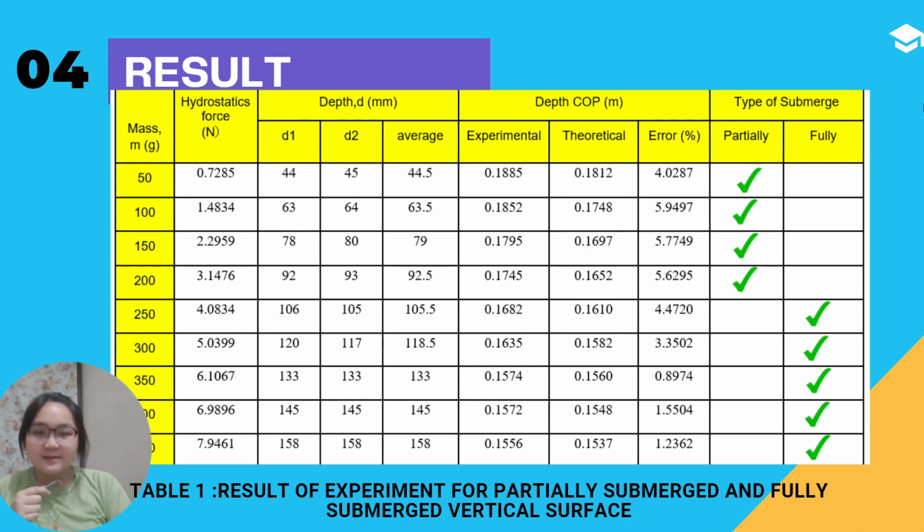We measured depths and calculated the depth of the center of pressure, comparing it to the theoretical value to determine the percentage error. The data displayed in the table demonstrate the hydrostatic forces, depth of center of pressure, and type of submersion for each mass.